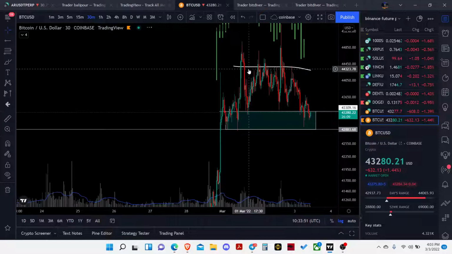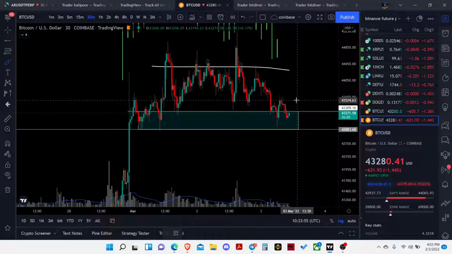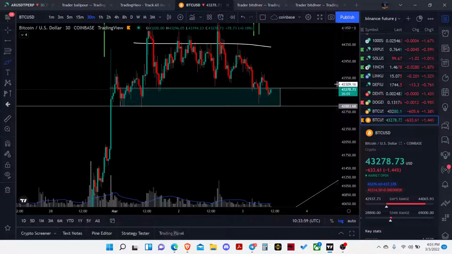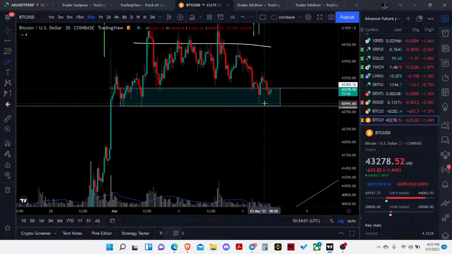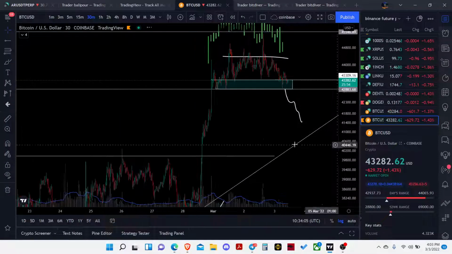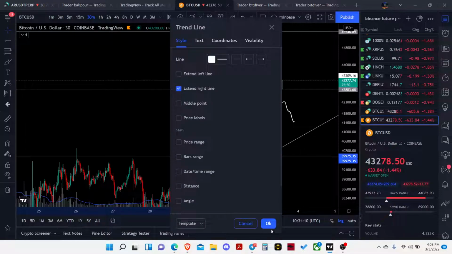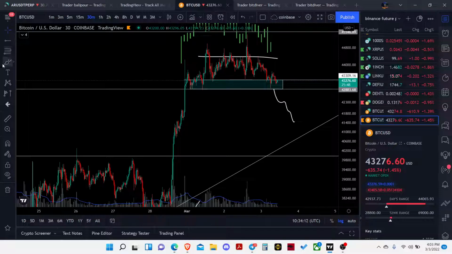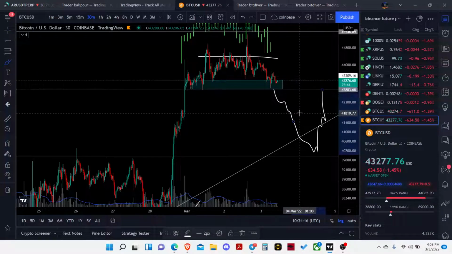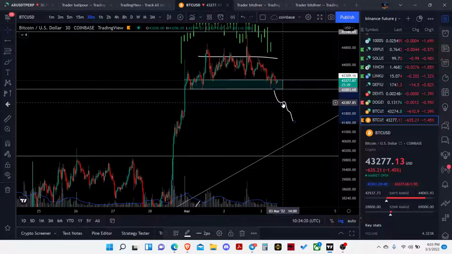So I'm not going to say it will come down or go up, but I would give you some levels. If this thing is going to break, then price will most probably go back down to this area, and then move back up. Only if it breaks.